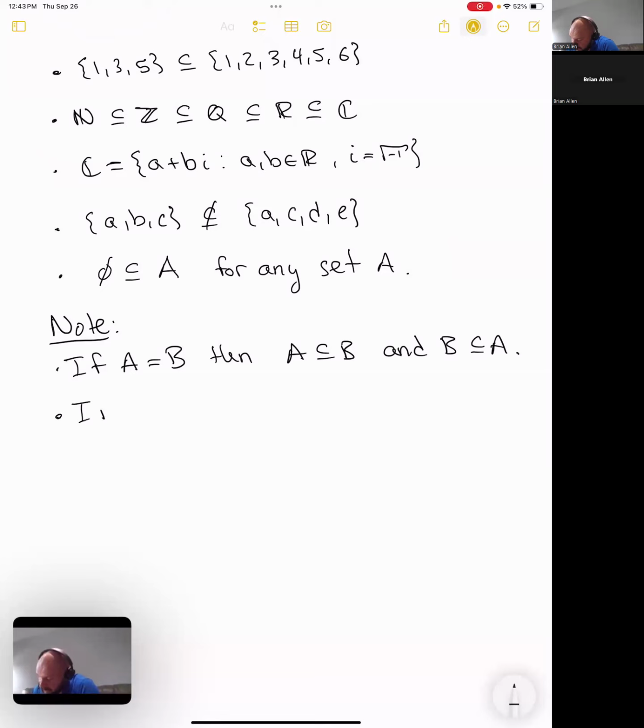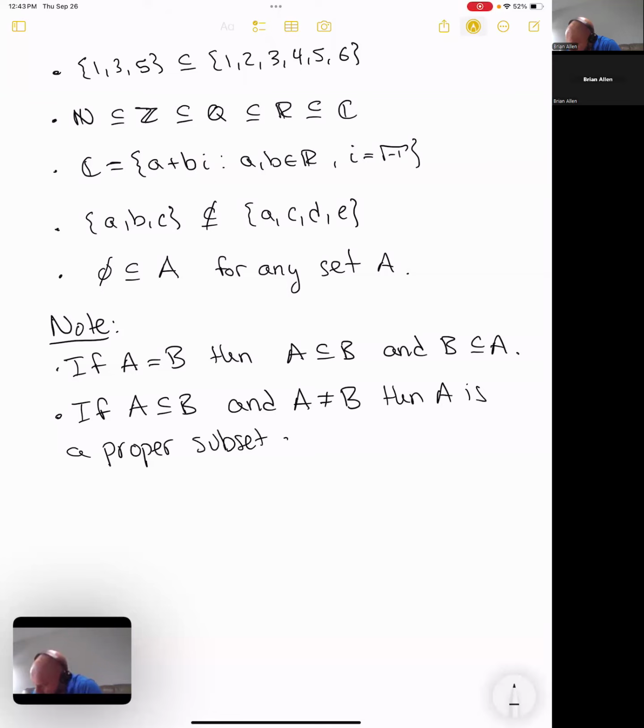Let me also say that if A is a subset of B, and you want to be more specific, saying that it can't actually be the same, then A is a proper subset, and we denote that with a subset symbol like this.